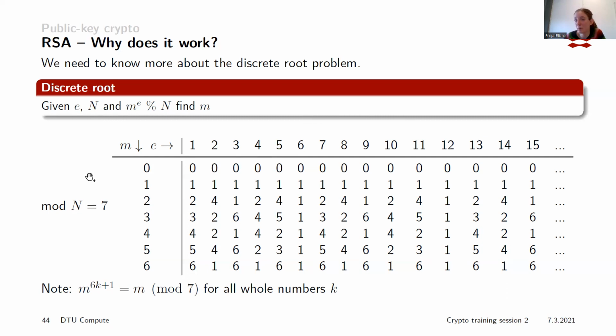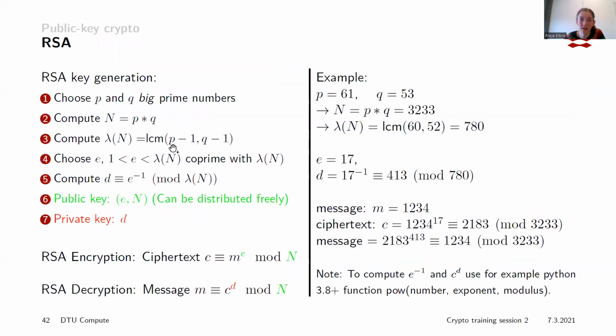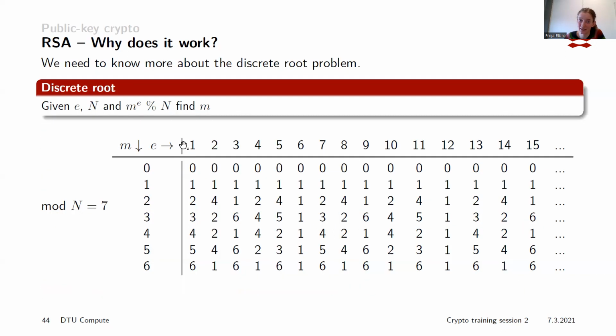Then I take the least common multiple of the prime factors minus 1. So remember, lambda of n, here I need the prime factors minus 1, and 7 minus 1 is 6, right? So 6 is actually lambda of n. So the magic is happening at lambda of n.